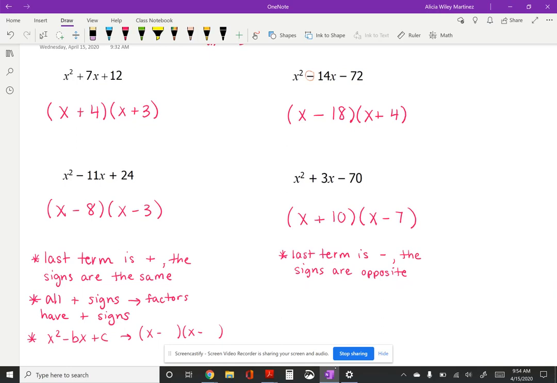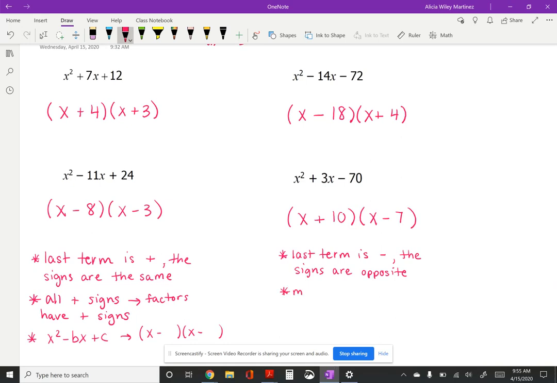So that's another pattern to see. And then down here, with the last term being negative, notice that the middle term, that's the one we're trying to find the sum of, is positive. You can see that the bigger term is going to be positive. So those are patterns to recognize when doing these problems.